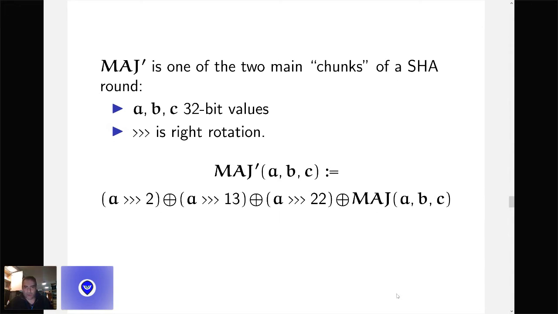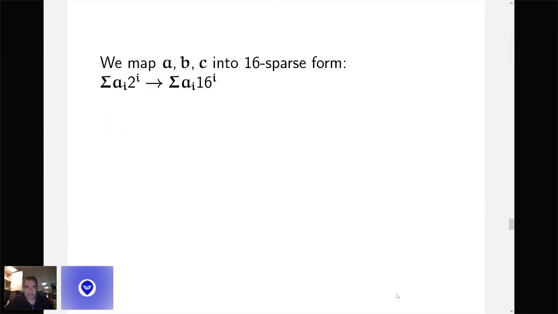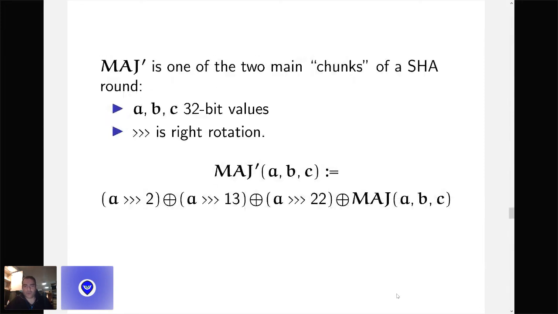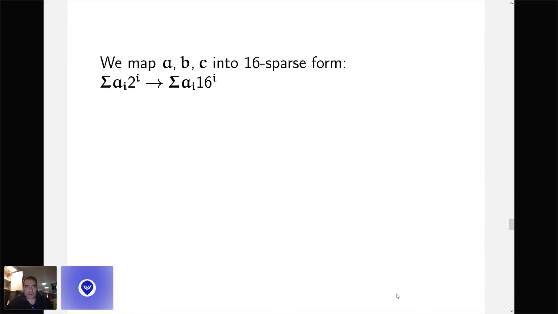So how do we use sparse representation for this? The idea is to map A, B, and C into this 16 sparse form.